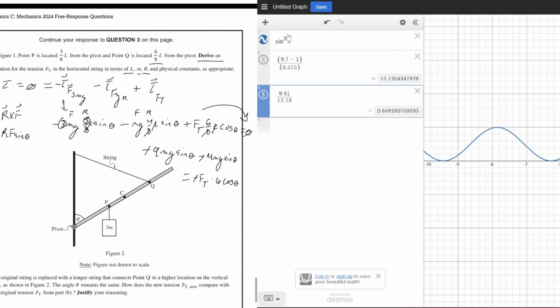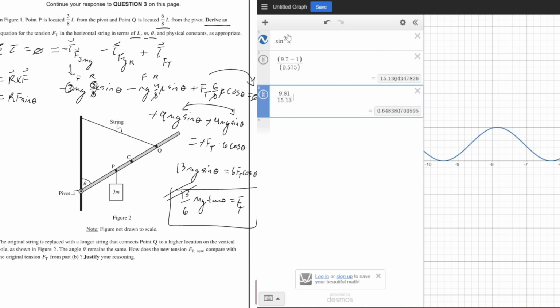Cancel the negatives, and we're going to add these two since they have like variables, combined like terms, right? So 9 plus 4 is 13 mg sine theta equals 6 Ft cos theta. Great. 13 sixths mg. Now I'm going to divide sine by cosine. Sine by cosine is tan theta equals Ft.